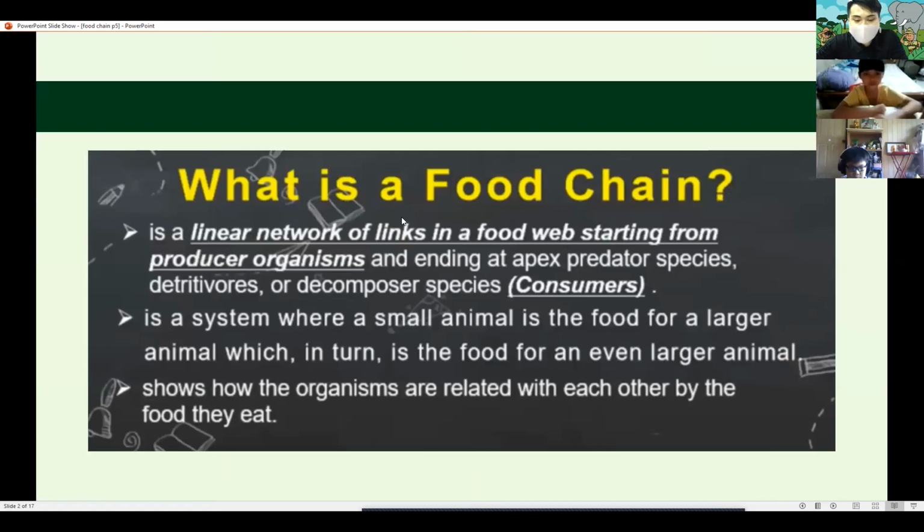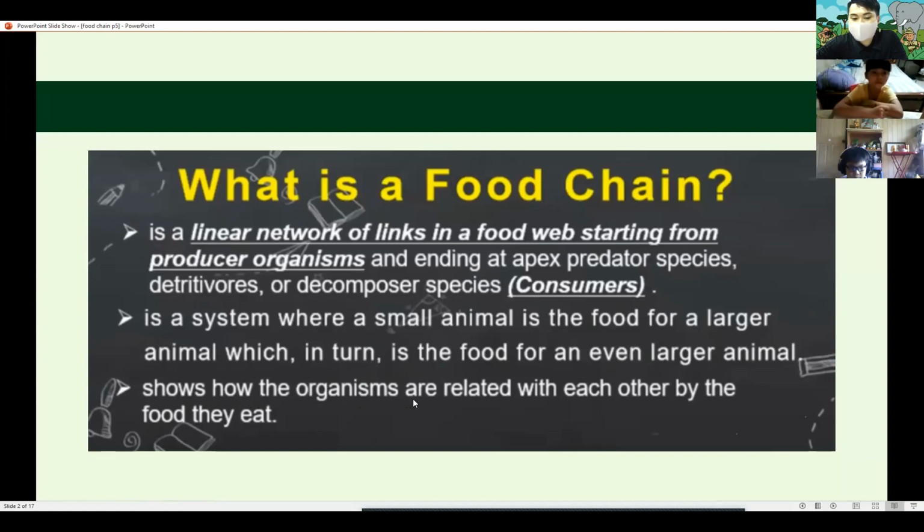So what is a food chain? A food chain is a linear network of links in a food web starting from producer organisms and ending at apex predator species, detritivores, or decomposer species. It is also a system where a small animal is the food for a larger animal, which in turn is the food for an even larger animal.